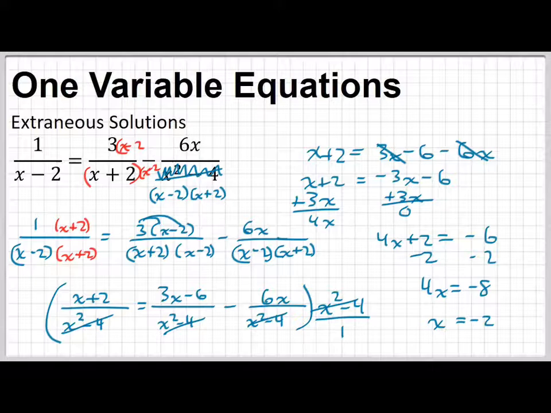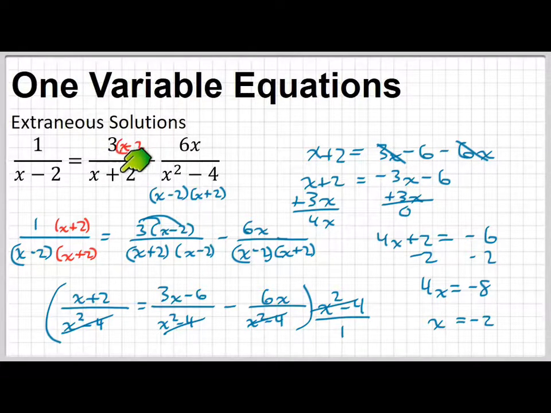Okay, so before we box this answer and call it a day and say that's our answer, what we have to do is check for extraneous solutions. So I'm going to go all the way back to the very beginning. Look at my denominators and say, alright, does the negative 2 work in all these? If I plug in negative 2 to this one right here, I get a negative 4 on the bottom. Okay, we're cool. So this one checks out. If I plug a negative 2 into this one, we have a problem.